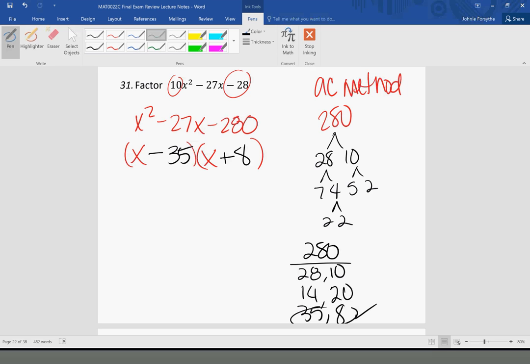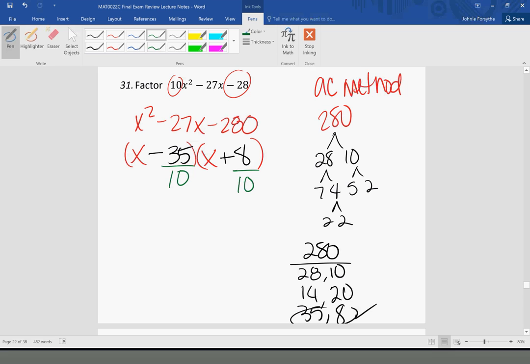So now I'm going to go back. I have the 10 times 28 to get 280. Now I have to go back and divide by the 10. So divide 10, divide 10. At this point, I'm going to simplify where possible.